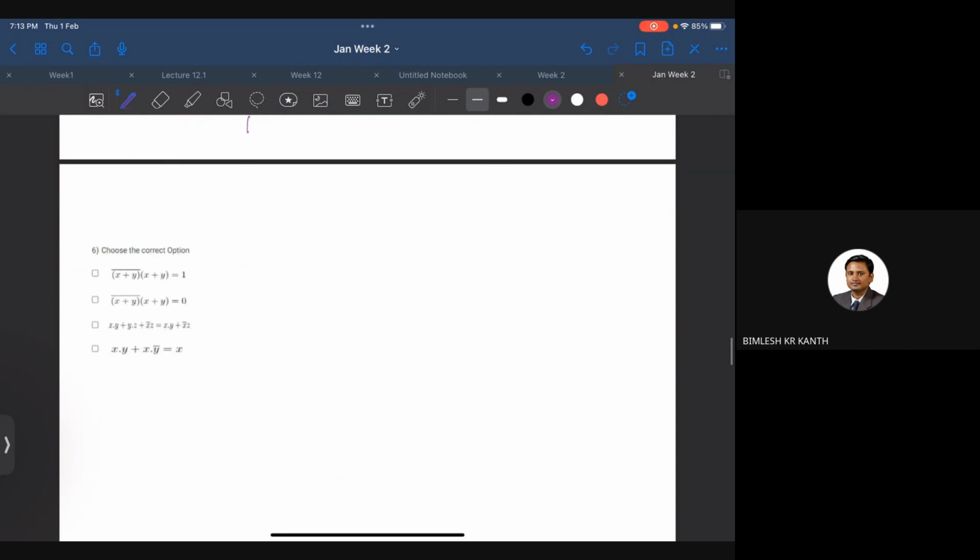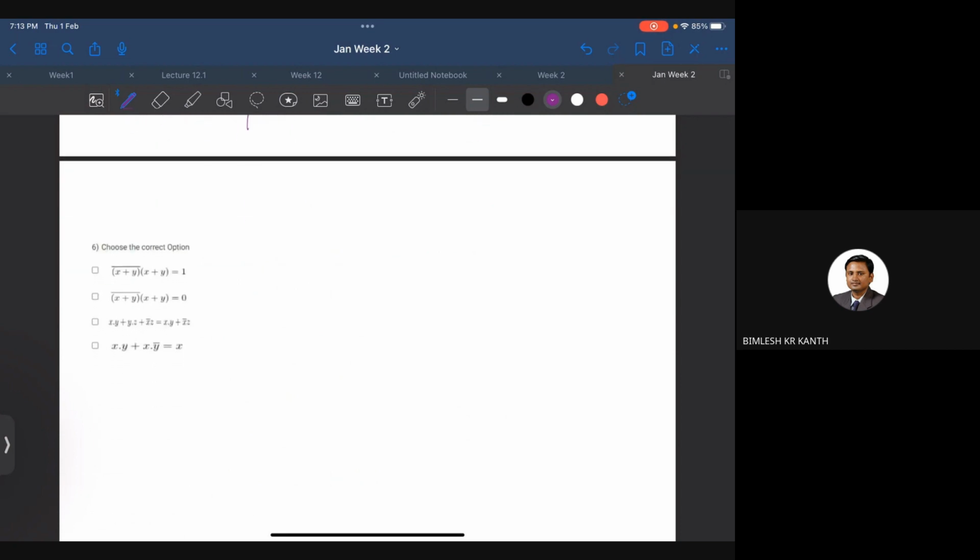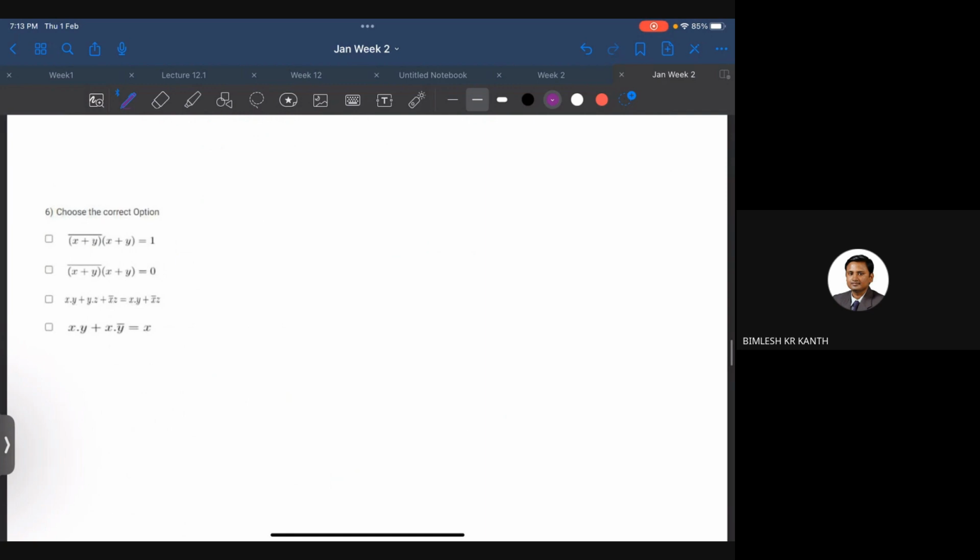Okay, now you have to choose the correct option. So you have to simplify all the given options and choose the correct one. So let's do the first one: x plus y whole bar, x plus y equal to 1 or not.